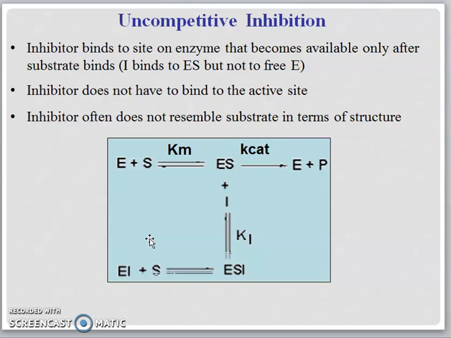I binds to ES but not to free enzyme. The inhibitor does not bind to the active site, so it often does not resemble the substrate in structure. It binds to another site other than the active site, because the active site has been bound by the substrate.